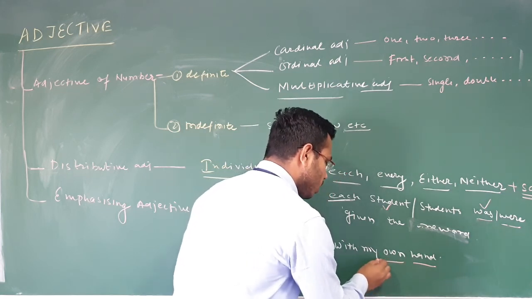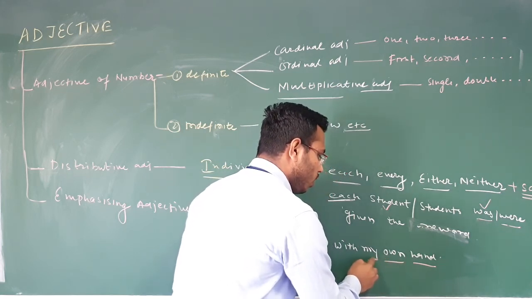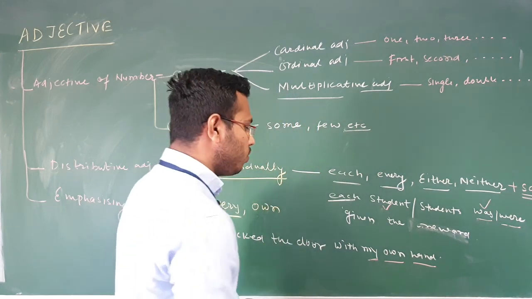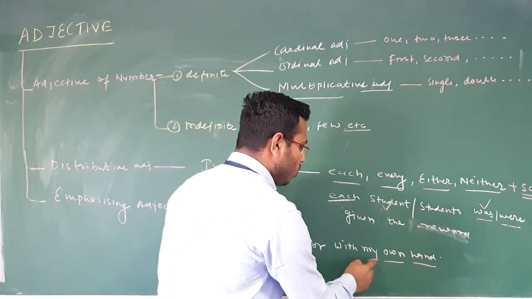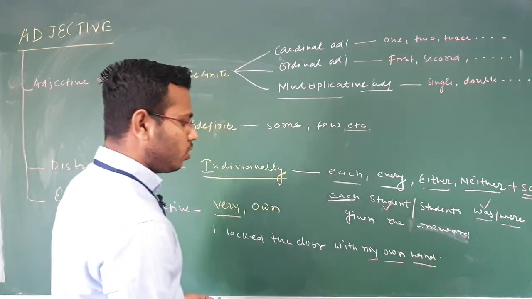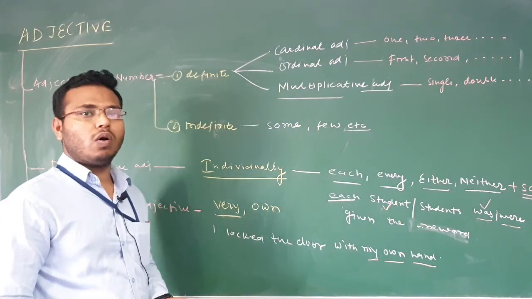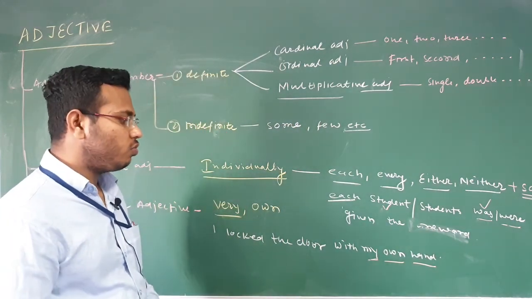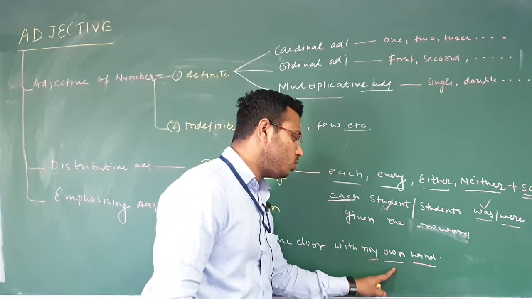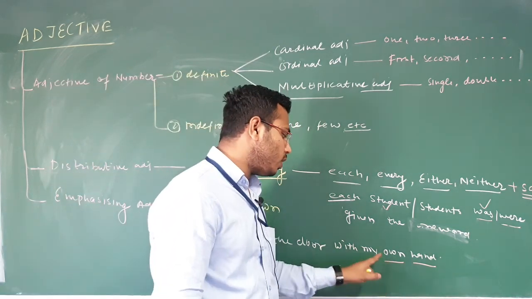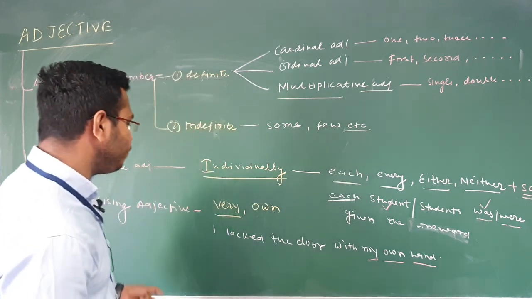It requires another adjective, which is what we call a possessive adjective. We covered possessive adjective in the last class. So my own hand, my own car, his own building. In this way we have to use it. It cannot be used independently alone. It requires another possessive adjective, right?